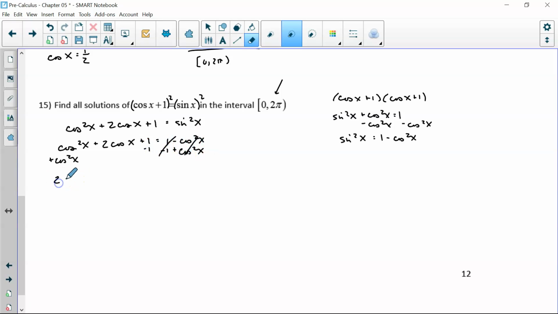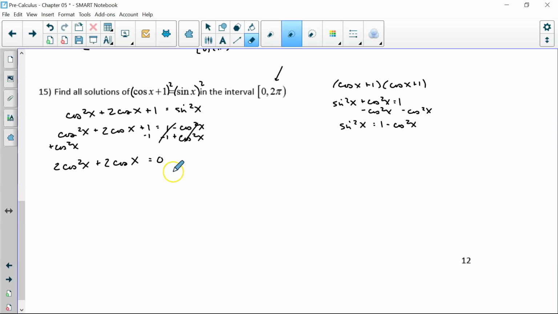So we get 2 cosine squared of x plus 2 cosine of x equals 0. Now we can factor out a cosine of x. So it's cosine of x times 2 cosine of x plus, we can factor out a 2 cosine of x even better, so that gives us 2 cosine of x times cosine of x plus 1.